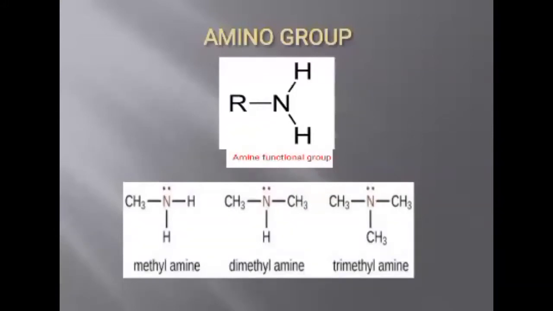Irrespective of the number of hydrogens attached to the nitrogen, they all still belong to the amino group. But for simplicity, the functional group for amino groups is NH2. So anywhere you see a compound attached to NH2 or any of the examples given, you will know that this compound belongs to a family of organic compounds which we call the amino group.